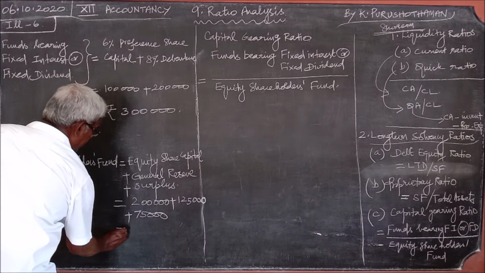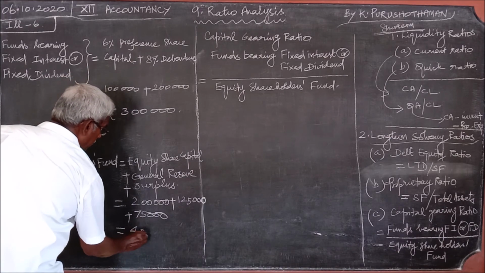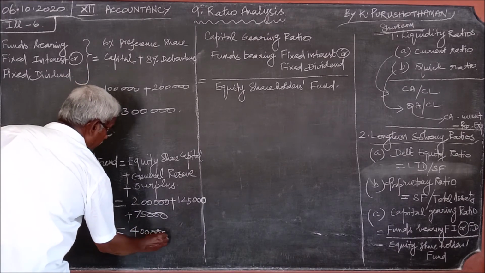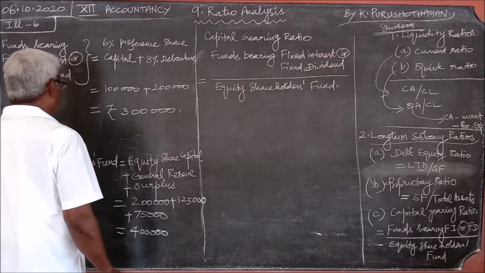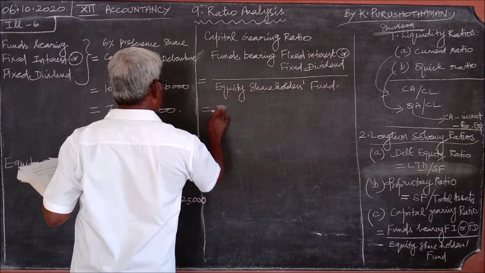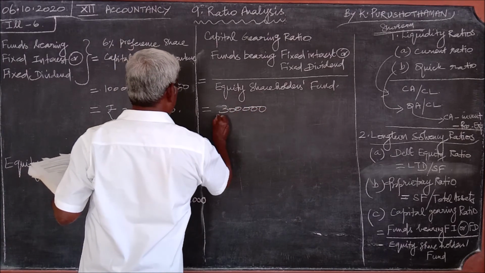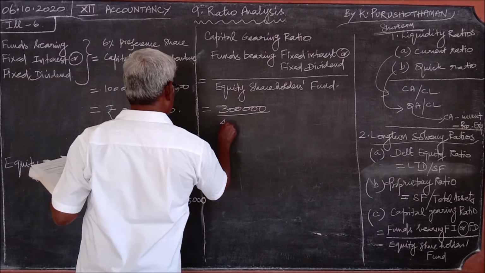So how much does it come? 2 plus 1.25 plus 0.75, that is 4 lakhs. So numerator value is 3 lakhs, denominator value 4 lakhs.